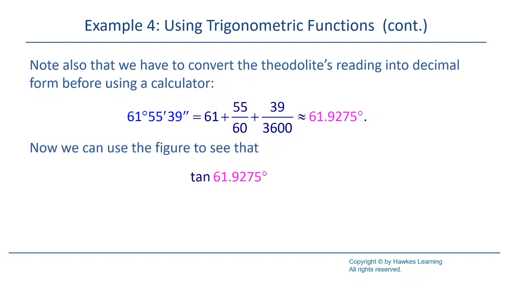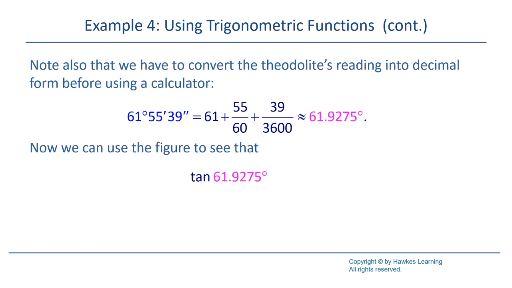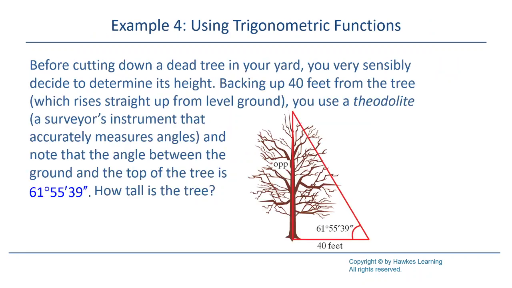But now we can use the figure. And the reason you go, okay, well, why did I pick tangent? Go back here. Remember, tangent of theta is the opposite over the adjacent.